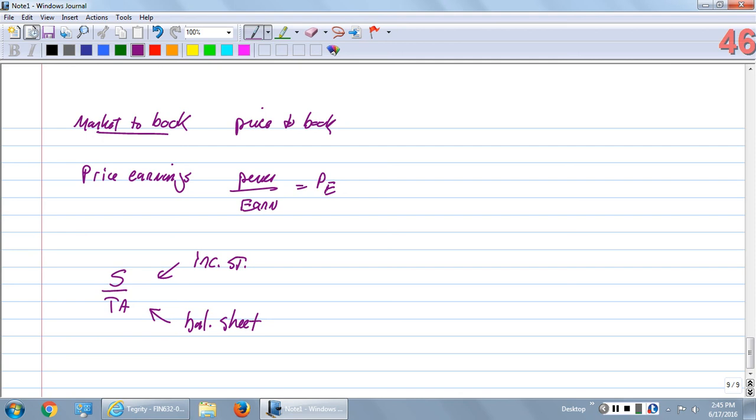I don't know how we'll test it. My guess is that I'm going to give you a financial statement, balance sheet, income statements. I'm going to probably ask you to calculate some ratios. What we will probably find when you calculate some ratios is that some of the ratios have declined in value or increased in value, and so I'm going to ask you to comment on what seems to be driving those changes.